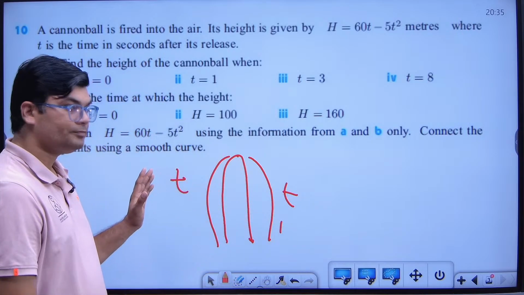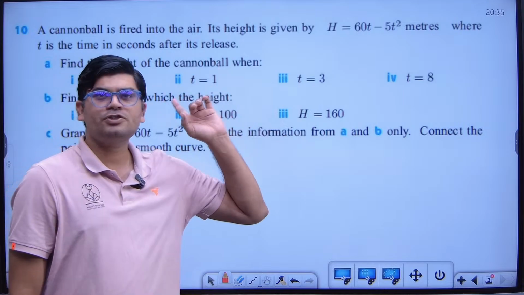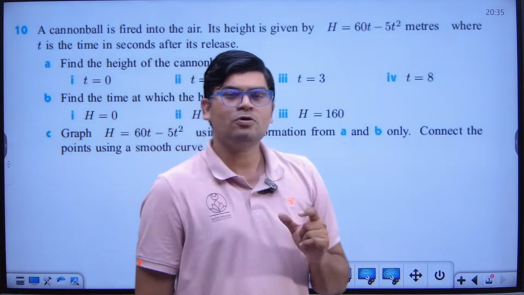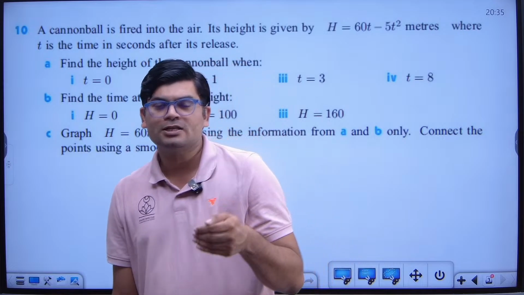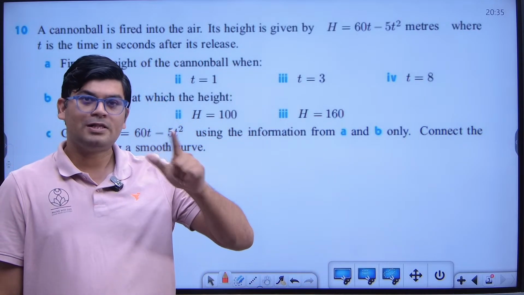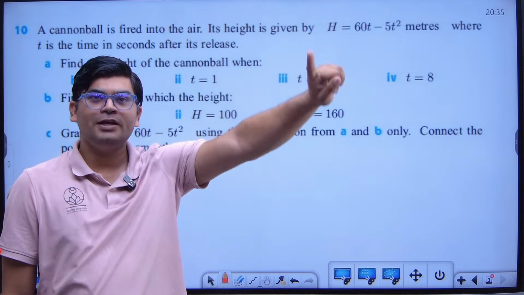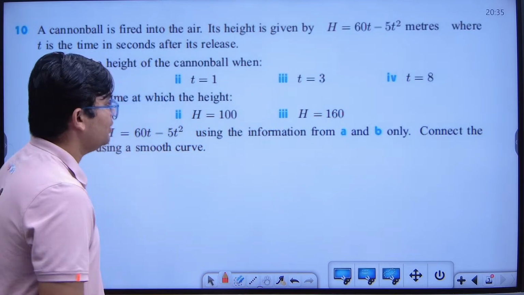All right? Now, in the first question itself we got how much time it took to do one complete motion to come back to the same position? 12 seconds. Yes, sir. 12 seconds. So the maximum height you will get when t is equal to 6 seconds. Are you getting it? Yes, sir.